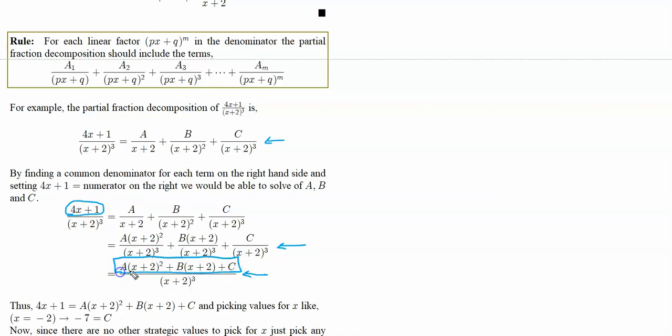And then you just need to solve for A, B, and C by picking 3 different values for x. You can pick a strategic value in this case, one where some of these will go to 0. Let's just move down here a little bit.